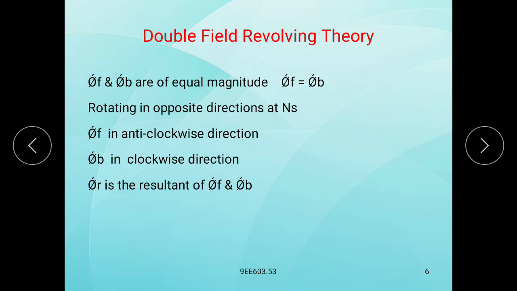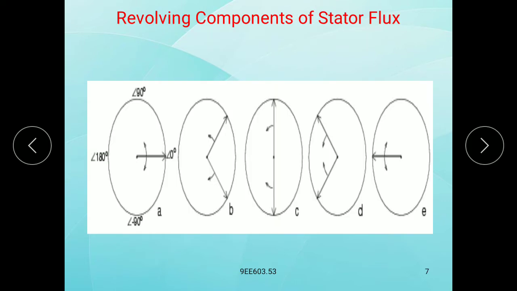Phi r is the resultant of the forward flux and backward flux. See here the revolving components of the stator flux.